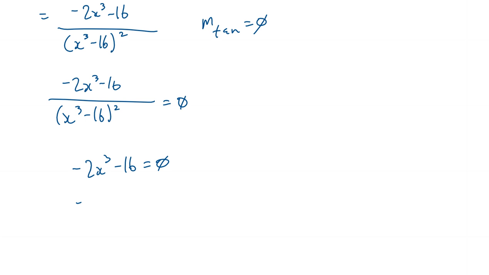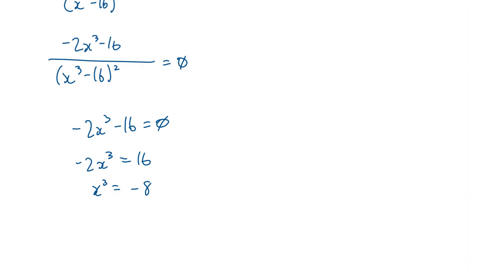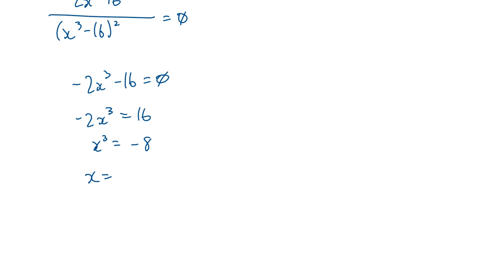So there's lots of different ways you could solve this. I'm going to solve it like this. And it says find the points, so it was x, so negative 2 over negative 2 cubed minus 16.